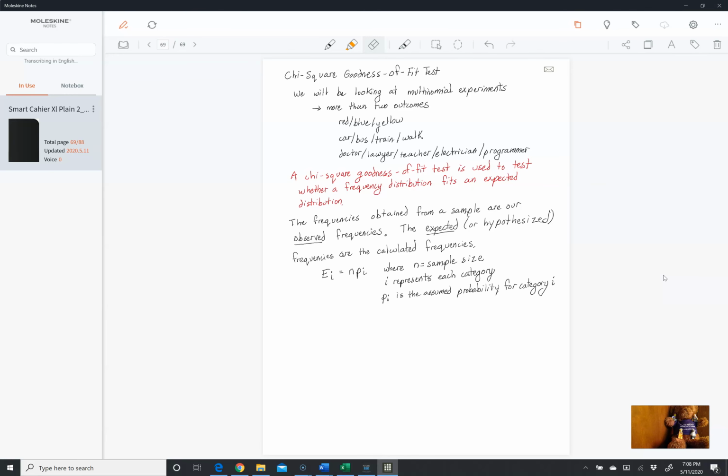Okay, and we'll take the example of how taxes are prepared. And what we'll do is we'll give you the expected percent of people who prepare their taxes in different ways, and then we'll be calculating the expected frequency. Okay, so for example, we're going to look at the different ways that people prepare their taxes.